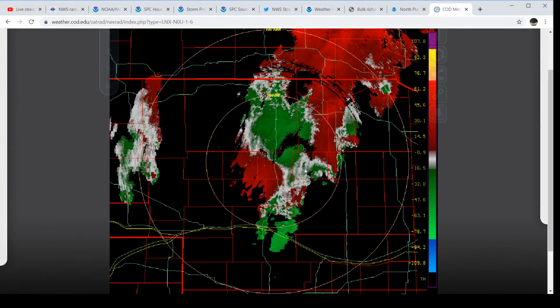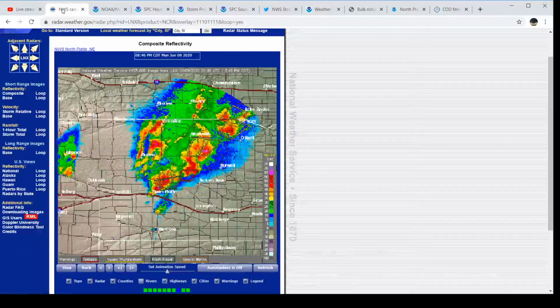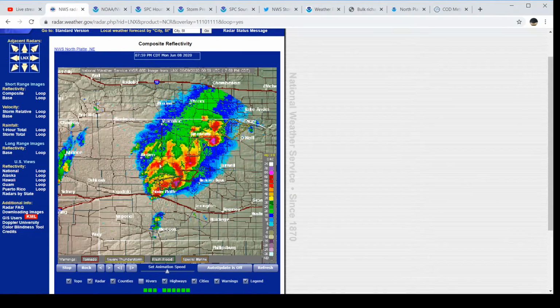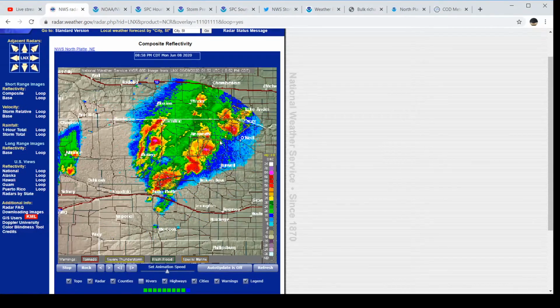That's interesting. Now we got plenty of zero, but the question now is whether we can overcome the convective inhibition. So that's 1, 2, 3, 4. So we're coming from those storms.